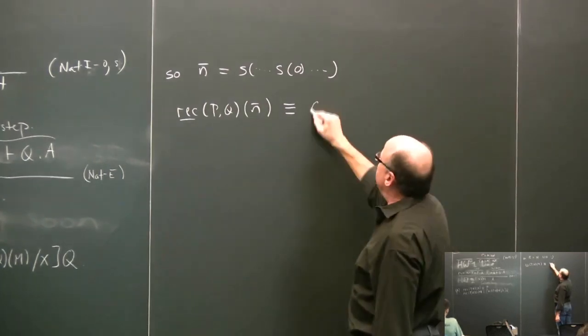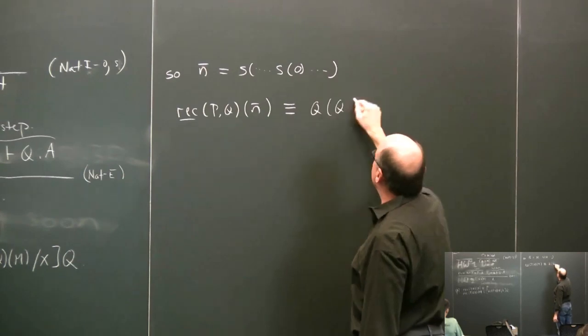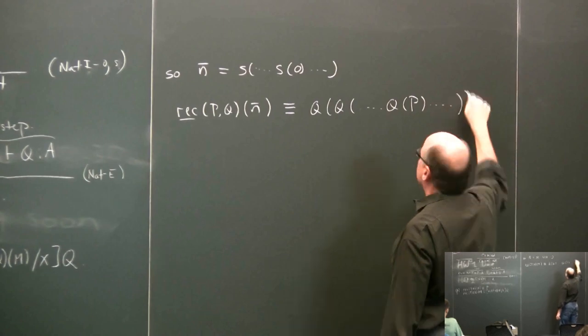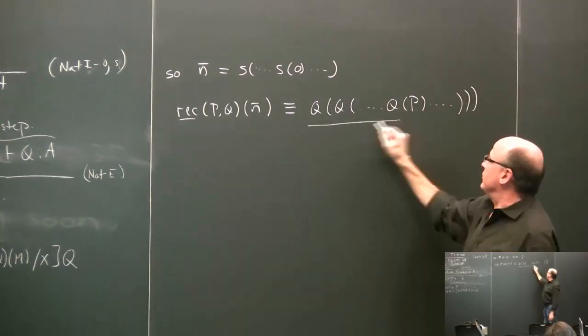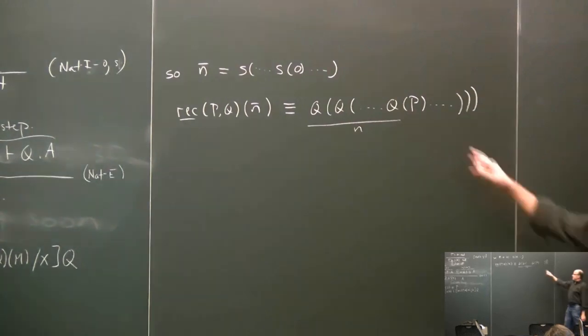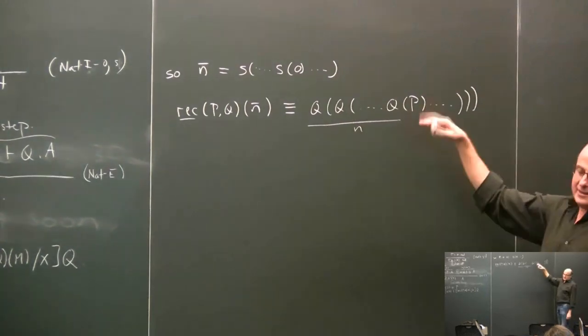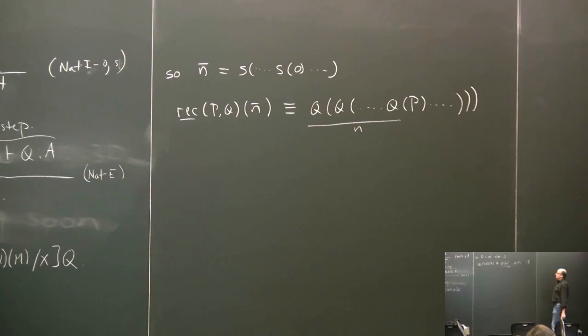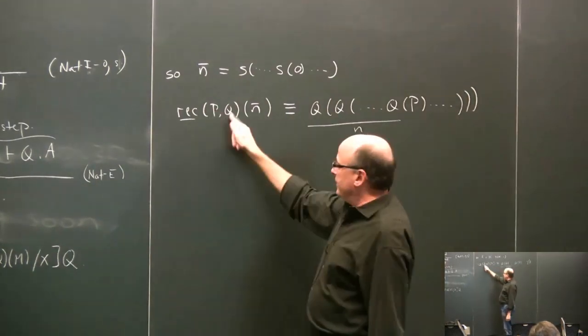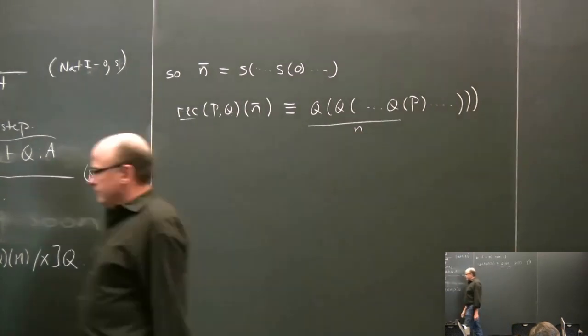It's essentially Q of Q of ... of P, for the exact same number of times. There are n of those, maybe 0. I'm really cheating. What I mean is an iterated substitution, but it'll look really ugly if I write it out like that. So that's the idea. That's the sole thing. It just says iterate something n times starting here and incrementing there.